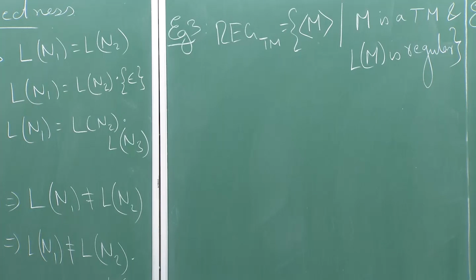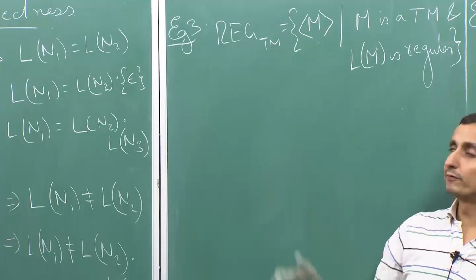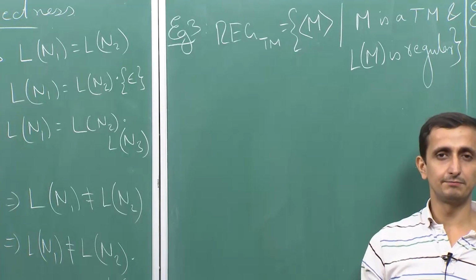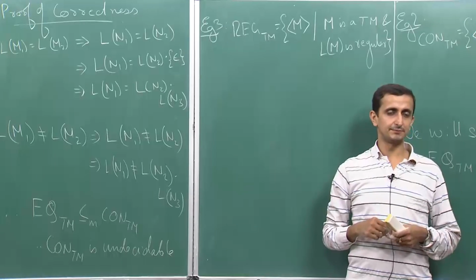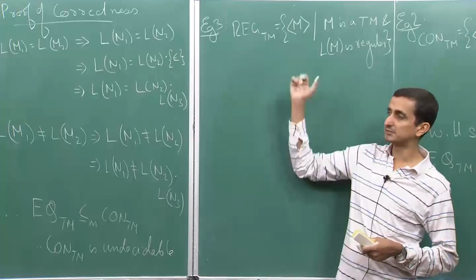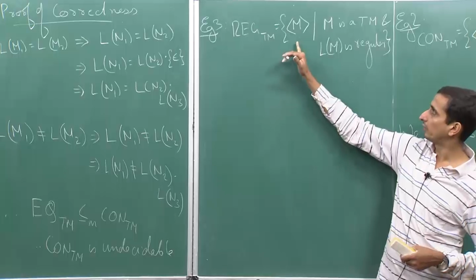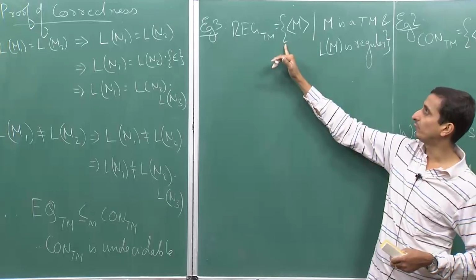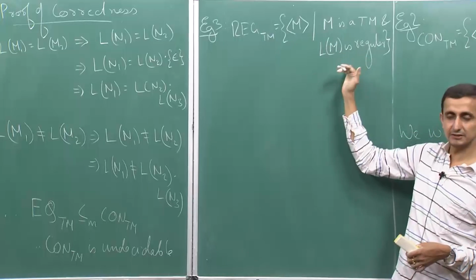Okay. So, a language of a Turing machine can be anything. I mean, it can also be a non-regular language, but of course, I can have Turing machines, for example, which accept the empty set, or Turing machine that accepts sigma star or some other regular language. So, I do have certain Turing machines that accept regular languages. So, consider the language of encodings of all those Turing machines whose language is regular.